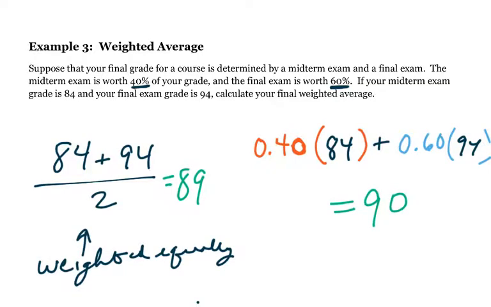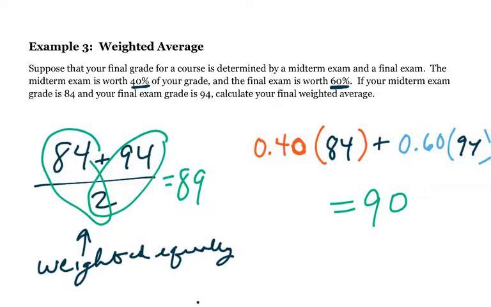Now, here's the thing. You're like, wait, we divided by 2 on the regular one, but there's no dividing there. Well, dividing by 2 is the same thing as multiplying by 1/2, and 1/2 is the same as 50%. So if you think about that, this over here is 84 divided by 2, which would be 50% of 84, and 94 divided by 2, which is 50% of 94.